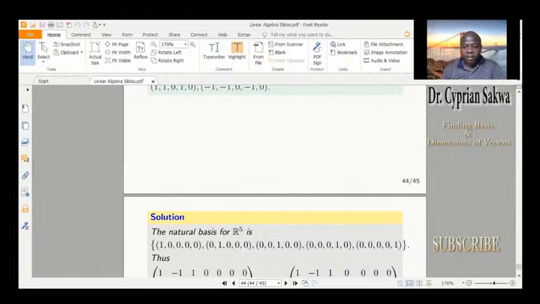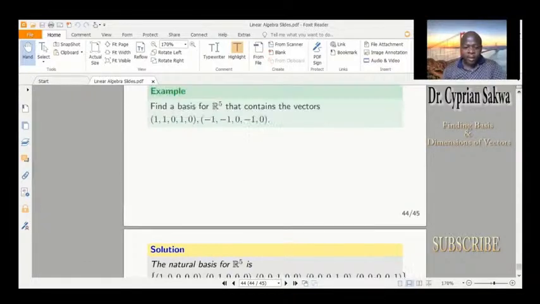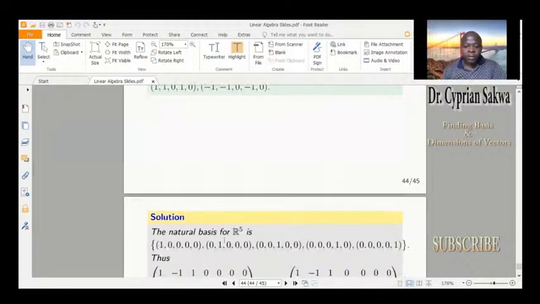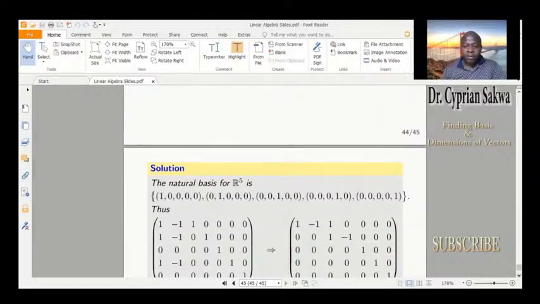Now, what does the question want? The question wants us to find a basis for R5, and that basis must contain these two vectors. So I added these two vectors to these other 5 vectors and formed a column matrix. I began with the vectors I'm being asked to include.